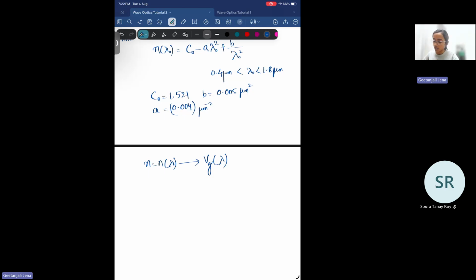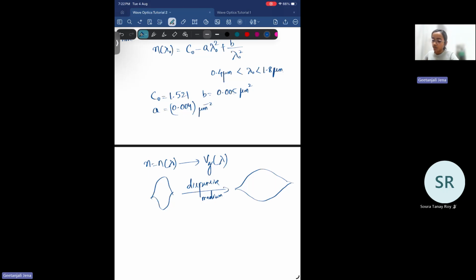Practically, if we have a pulse like this, then after going through this dispersive medium, the pulse may broaden. It may become this because of the dependency of group velocity on wavelength.